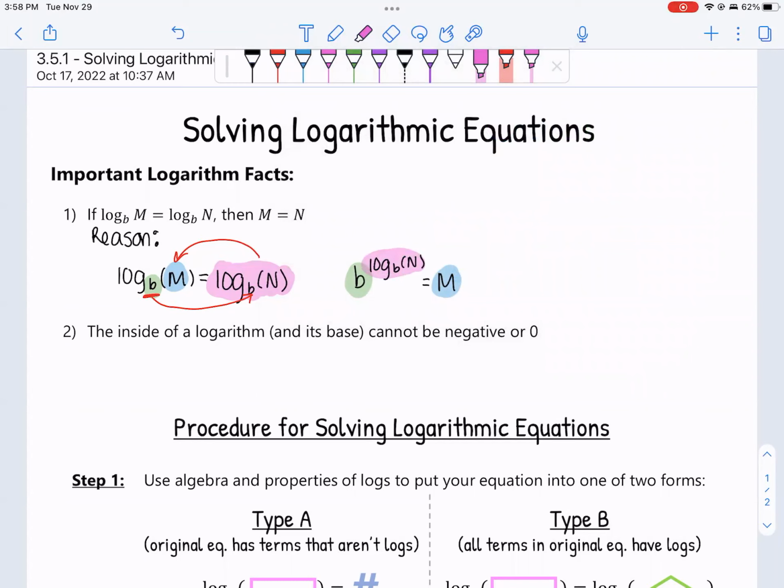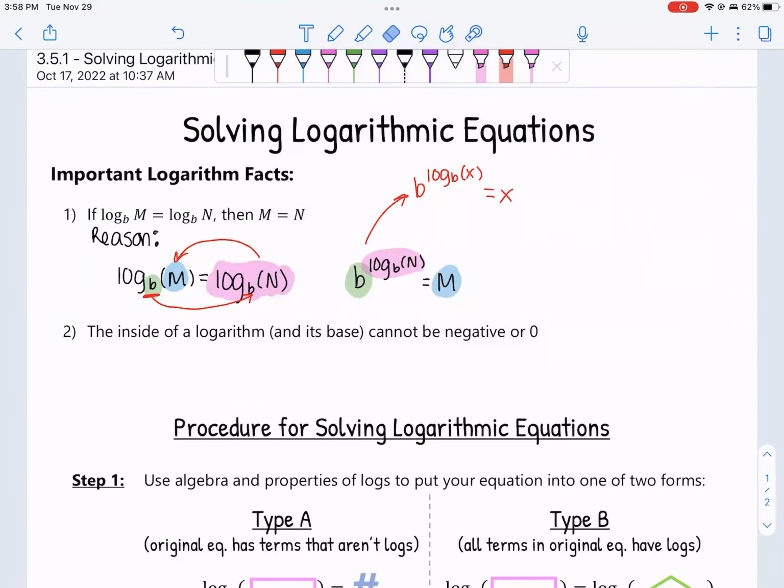One of the rules we have from our logarithmic properties is that if you have b raised to the log base b of x, it all cancels and you just get an x.